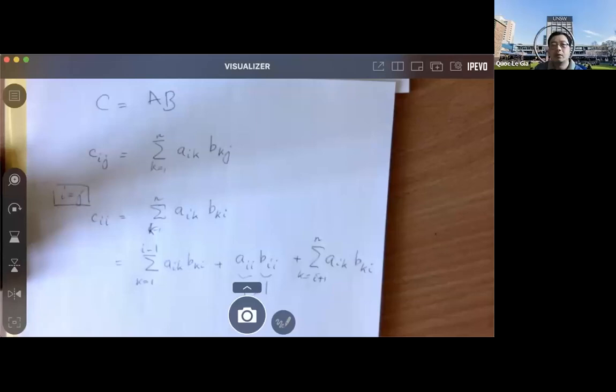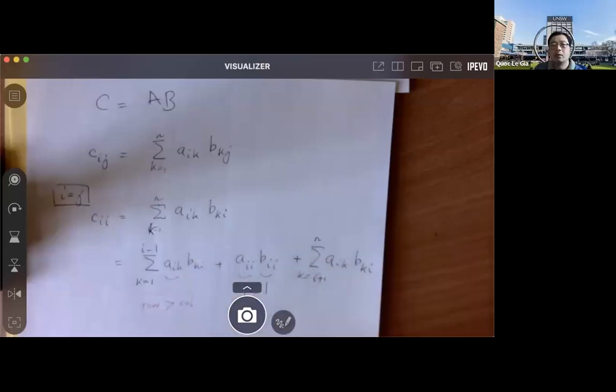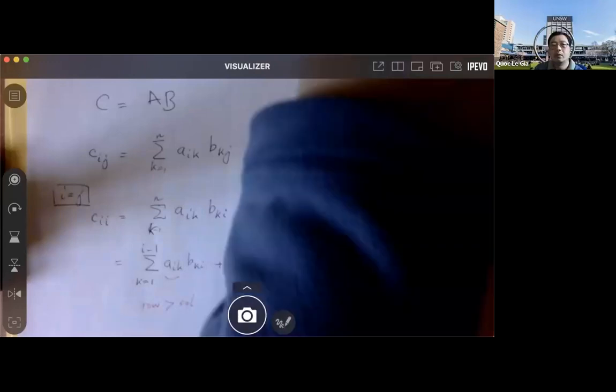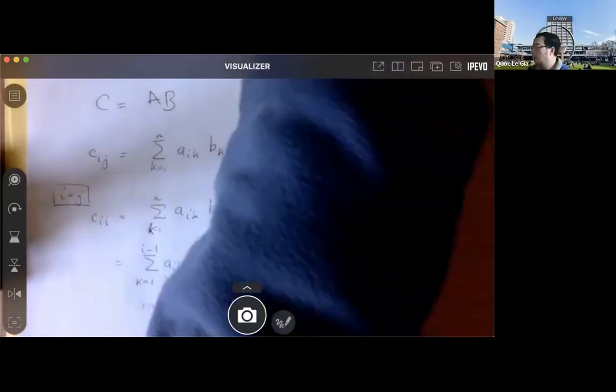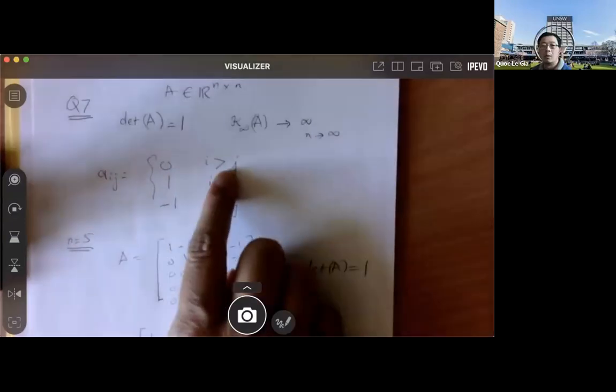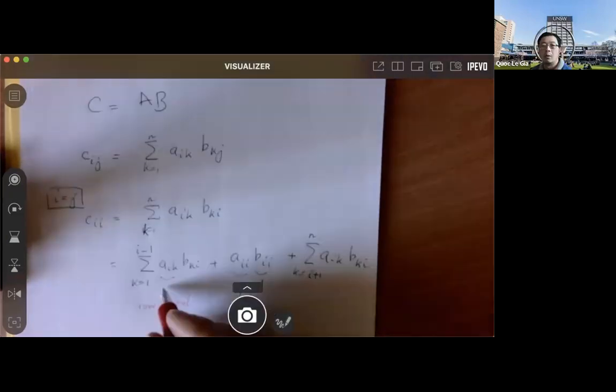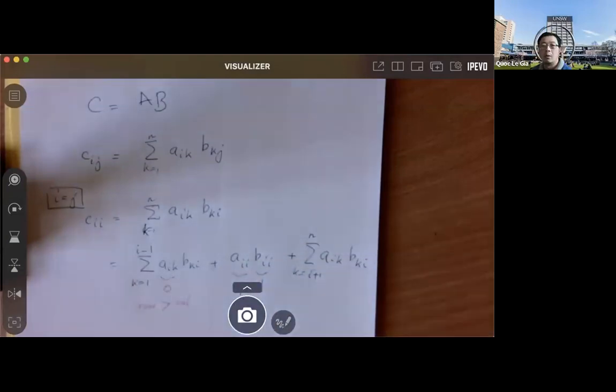So the row is always bigger than the column, because the row is K and the column is I. And you remember the matrix B, whenever the row is bigger than the column, it is 0. So this one has to be 0 as well. So you got 0 plus 1 plus 0, so it equals 1. So the diagonal entries are 1, right? So everything is okay.